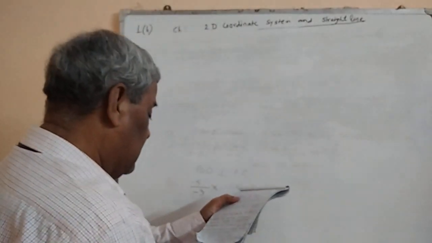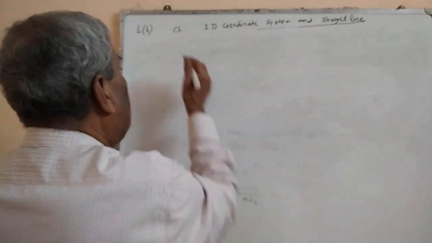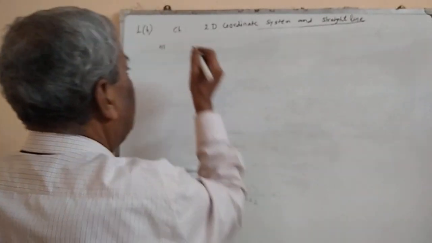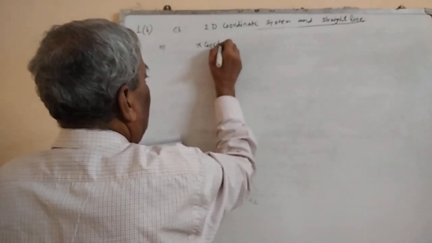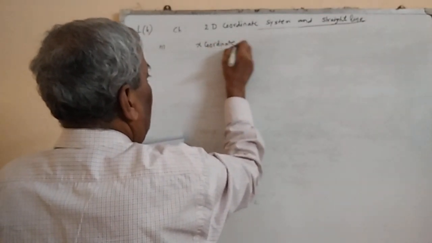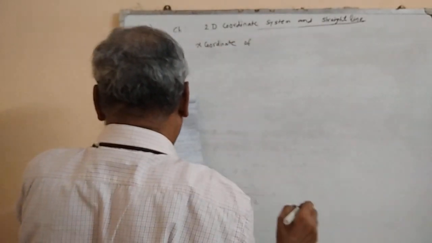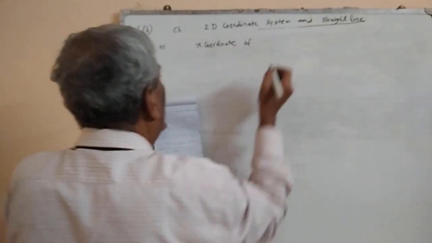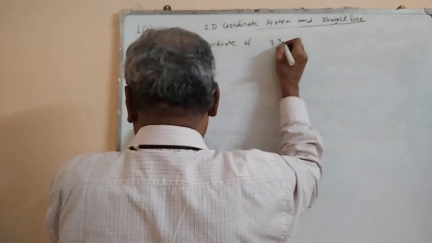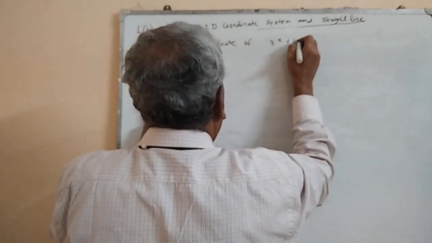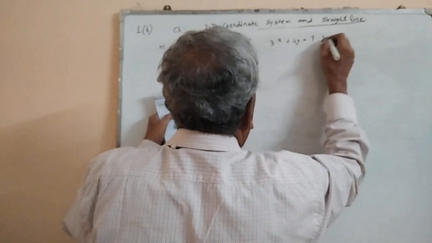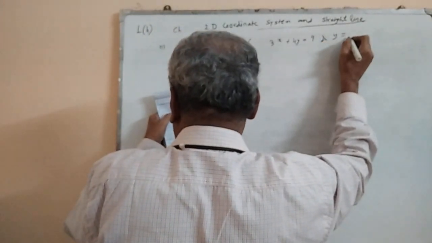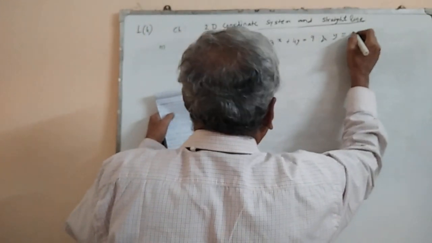Number of integral values of m, small m, so that the x coordinate of the point of intersection of 3x plus 4y is equal to 9 and y is equal to mx plus 1.